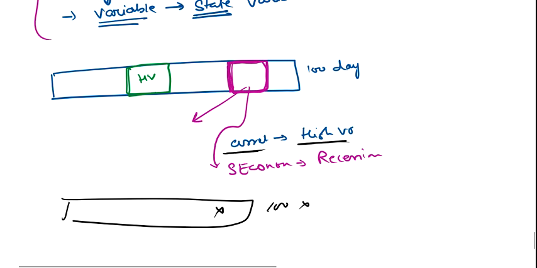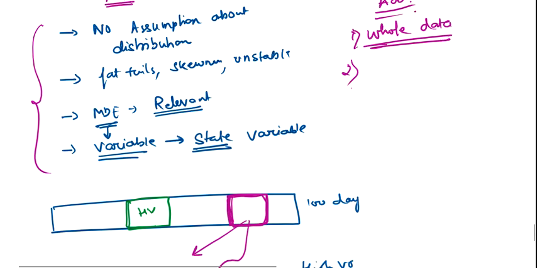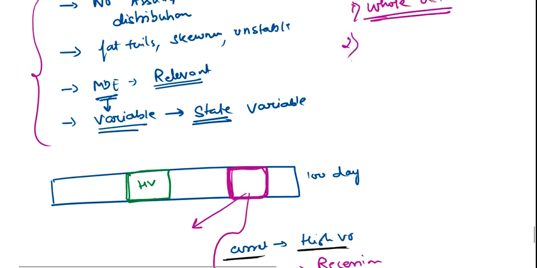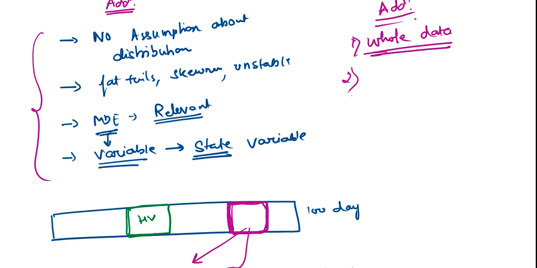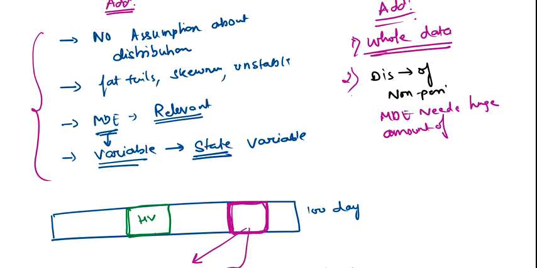So I need a large amount of data which is related to my state. You can write it like this: disadvantage of non-parametric, that MDE needs a huge amount of data.